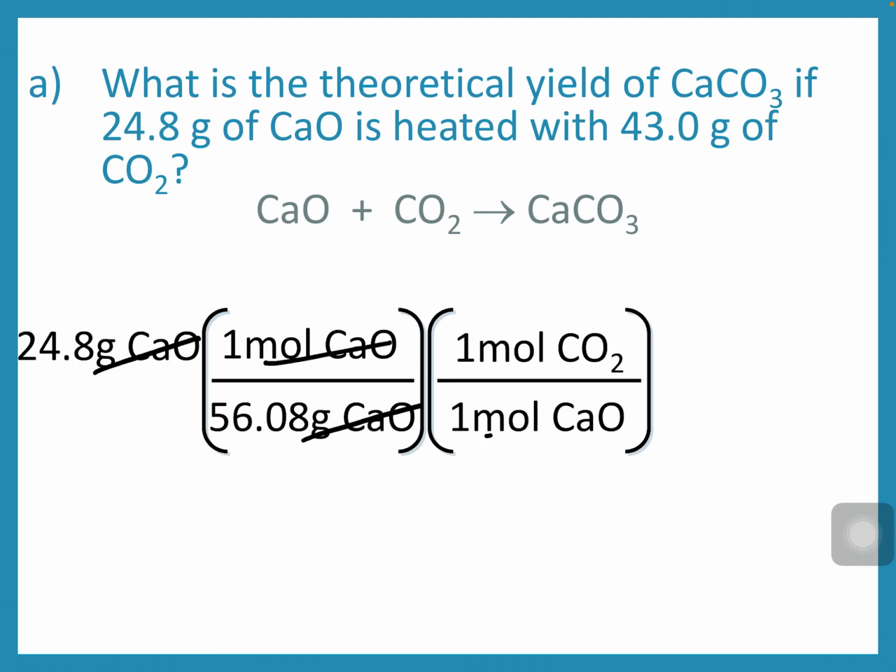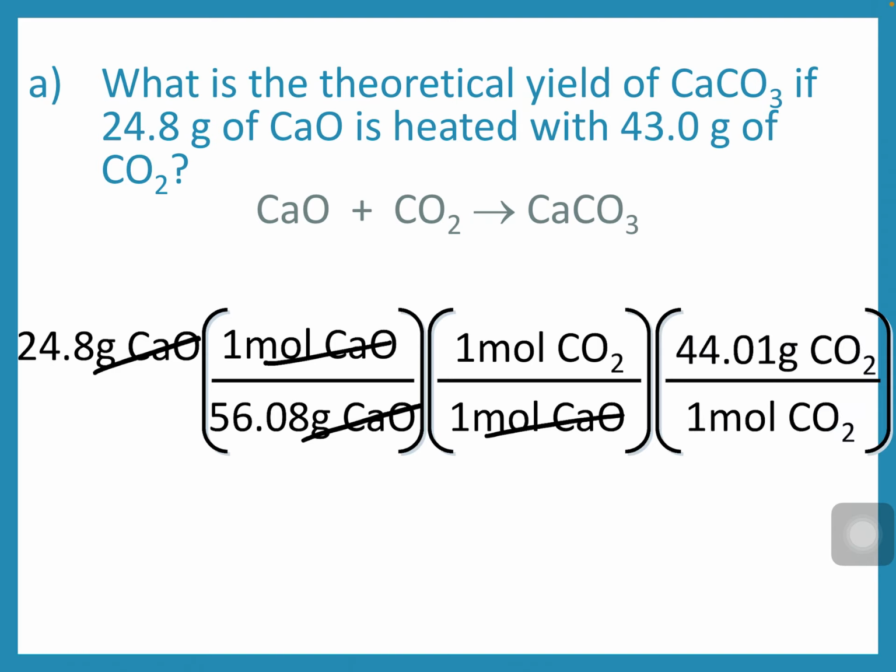So that is going to tell me how many moles of carbon dioxide I would need for this amount of calcium oxide. And my molar mass there for 1 mole of carbon dioxide, its mass is 44.01 grams. So this is going to calculate for me how many grams of carbon dioxide are needed to react with 24.8 grams of calcium oxide.